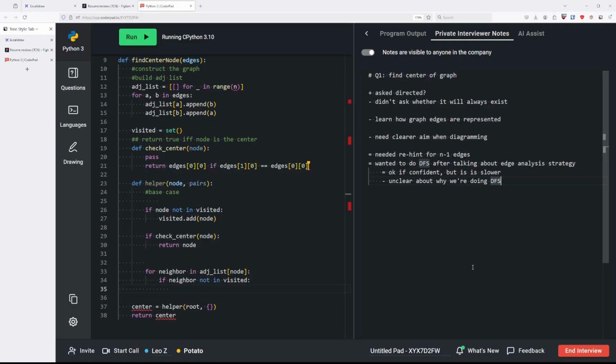Let's hit pause on check center. Let's assume that check center works correctly. How's that sound? How about you finish the rest of the DFS implementation? Okay.